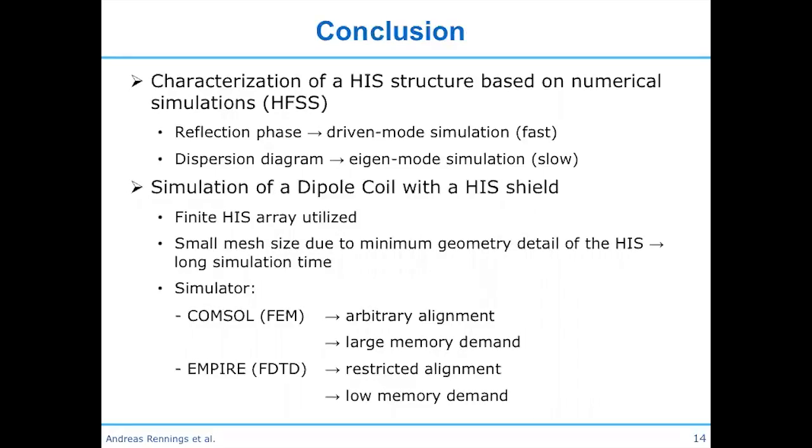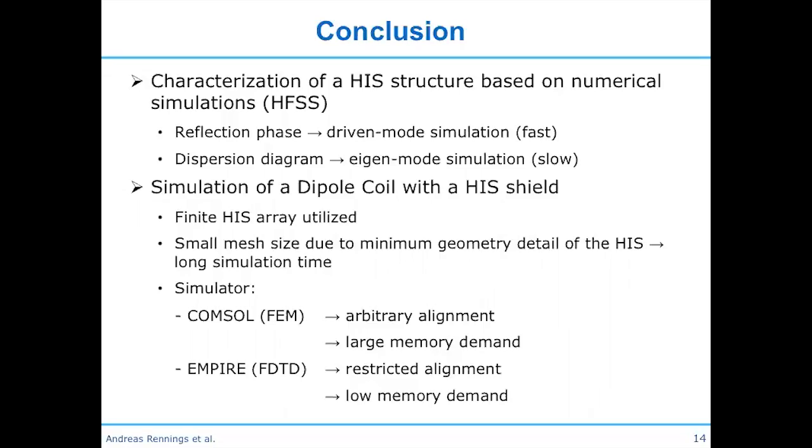And the second one would be the dispersion diagram, where I showed you the electromagnetic band gap of the structure. Usually the zero reflection phase frequency is inside this band gap.